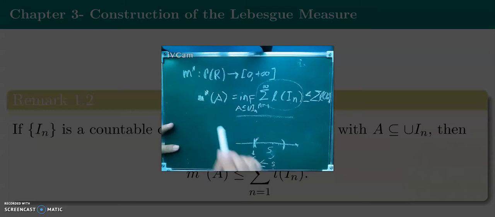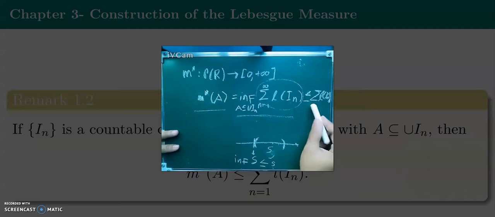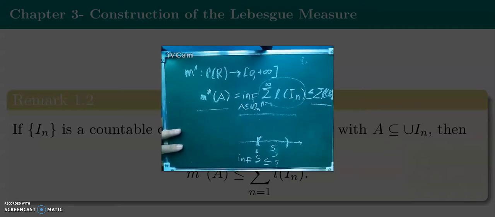Hence, the Lebesgue outer measure of A is less than or equal to the summation of the length of I sub n, where the collection I sub n covers A.